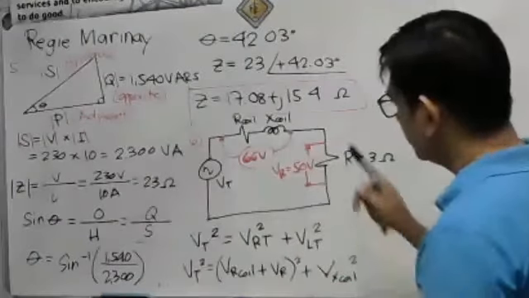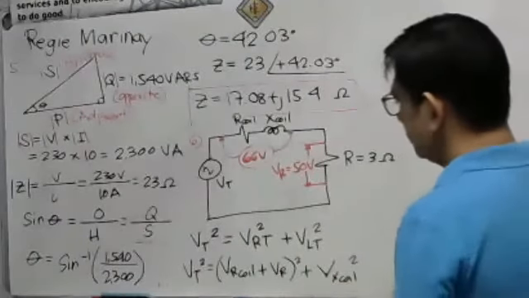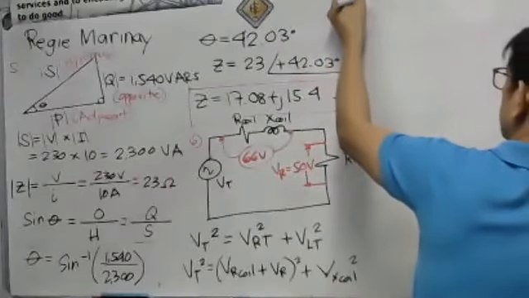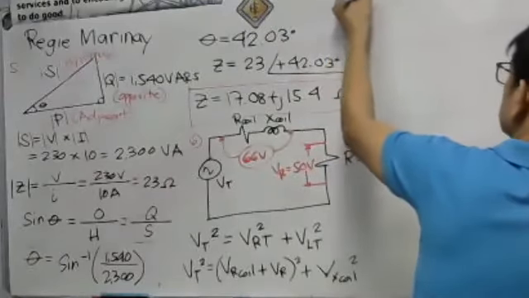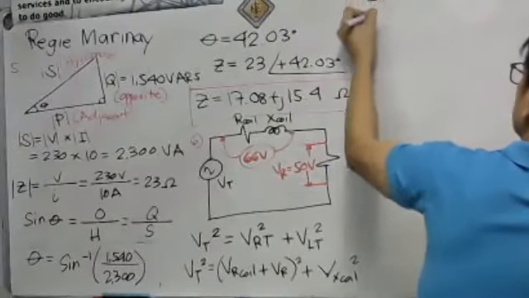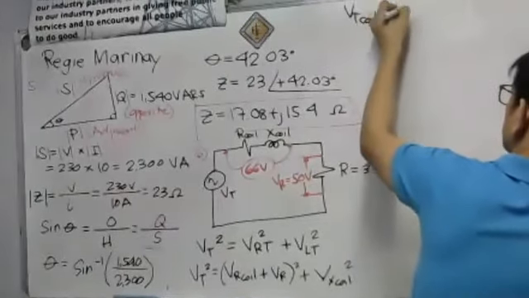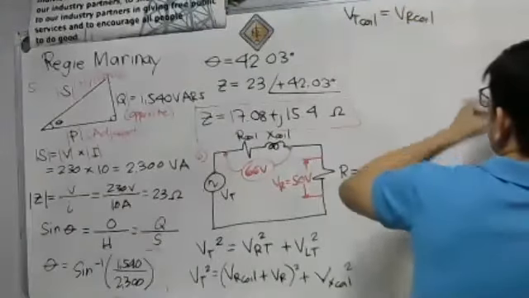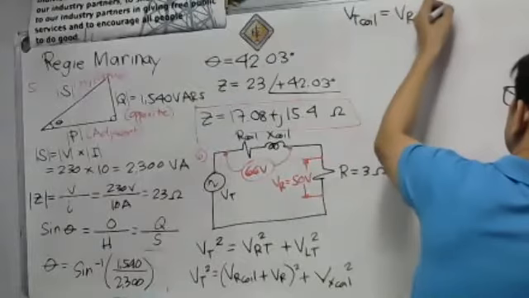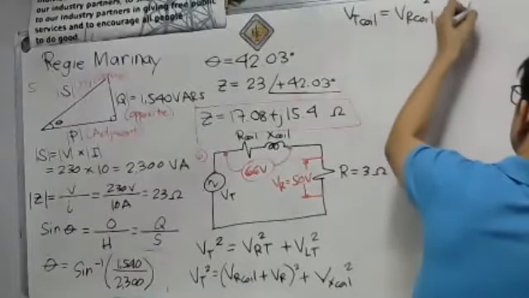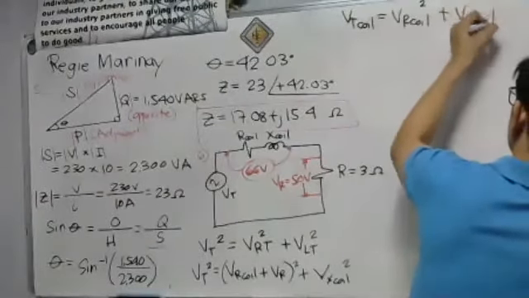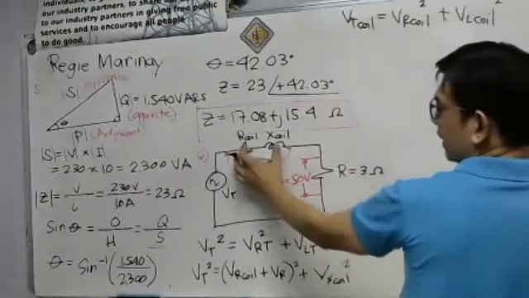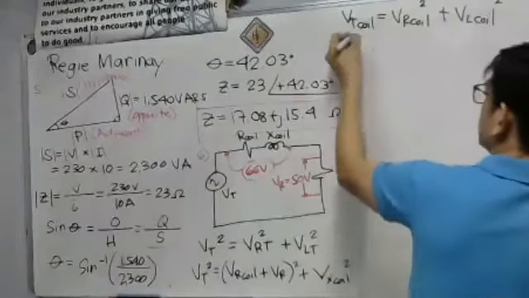And then let us have the V total of the coil. That is equal to VR of the coil squared plus VL of the coil squared. Now, the V total of the coil is given to be 66 volts.